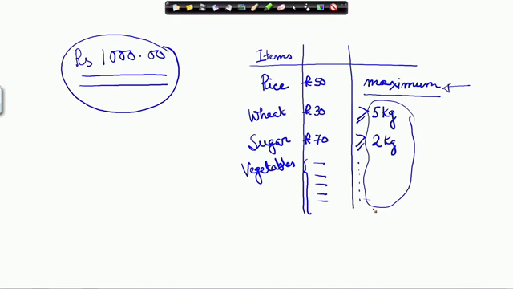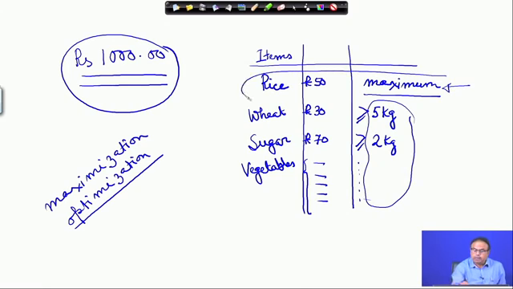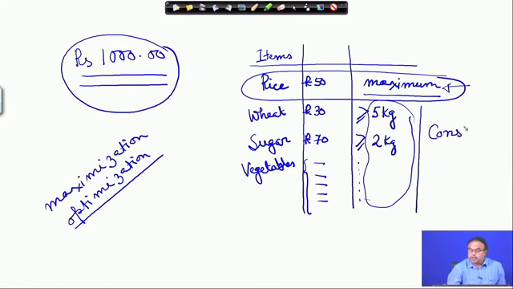We can see this is a maximization problem, or in problem solving terminology, we also sometimes call similar problems optimization problems. That means, I want to maximize the amount of rice that I want to buy, but these are the constraints that I have to satisfy, right.